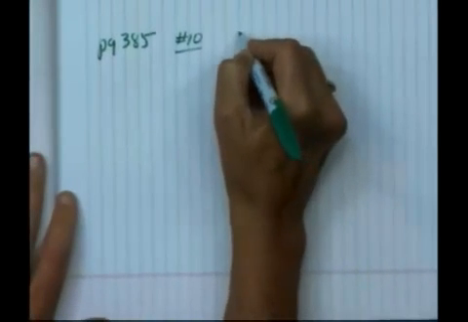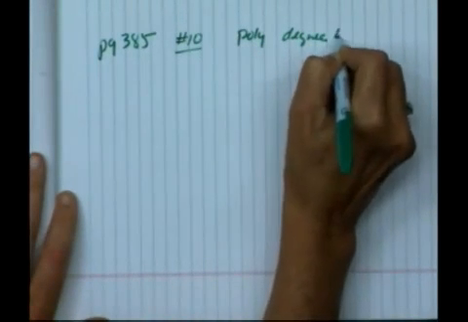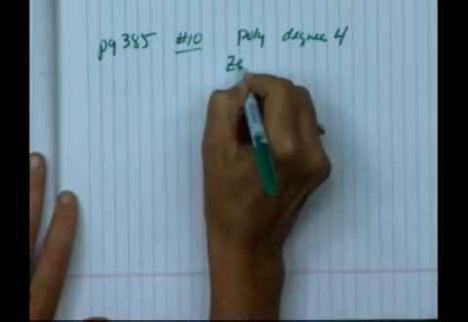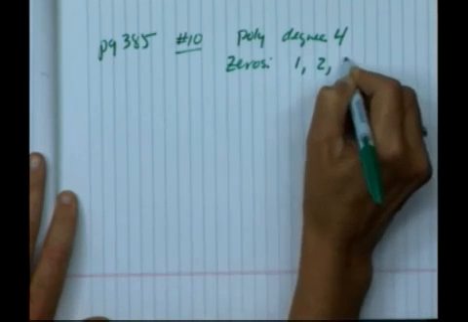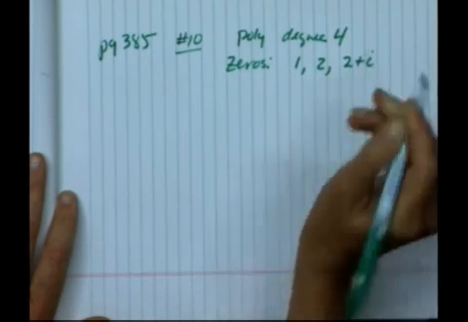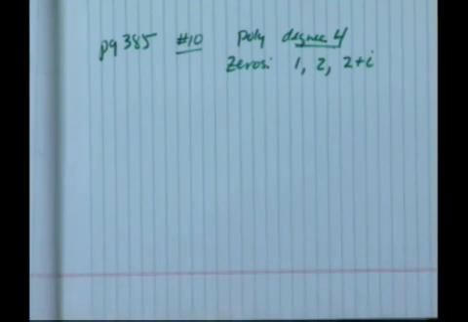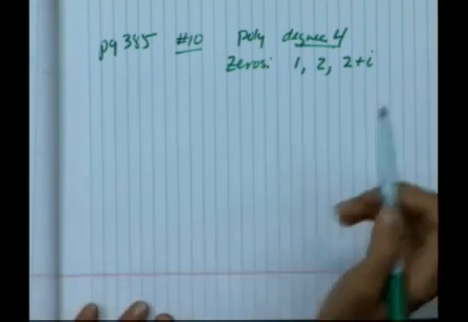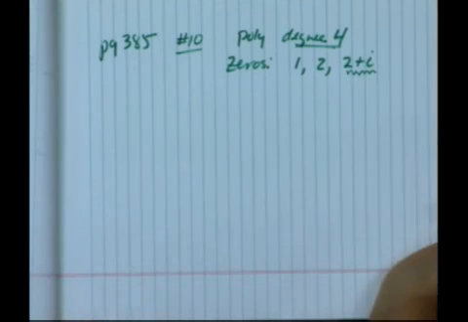So, number 10, we have a polynomial function, degree 4. We're told that the zeros are 1, 2, and 2 plus i. We just learned that if we have a complex zero of the form a plus bi, we immediately know another zero.